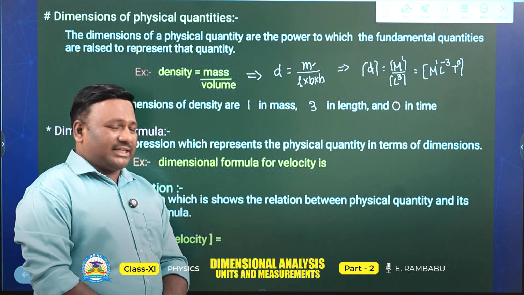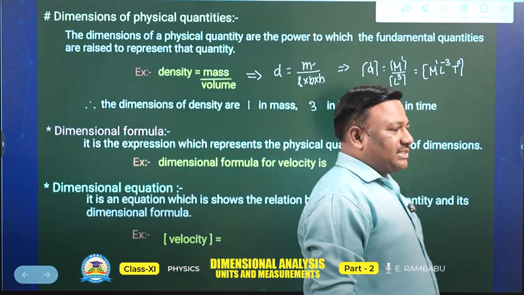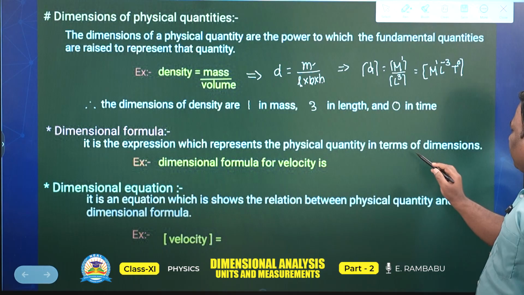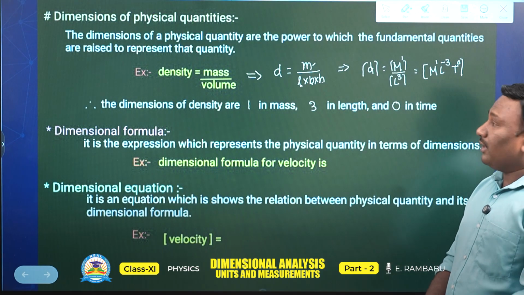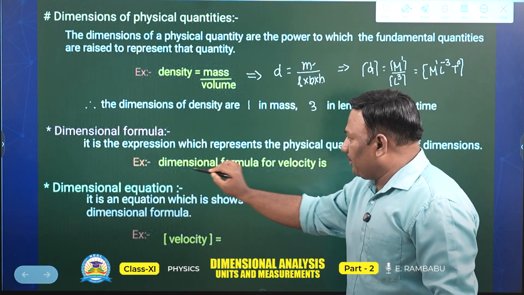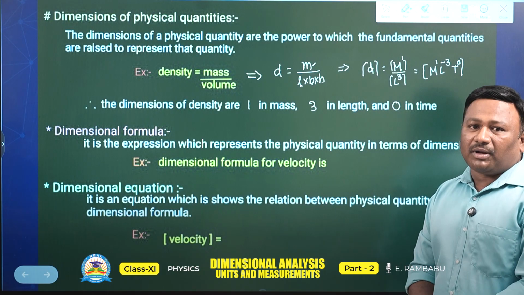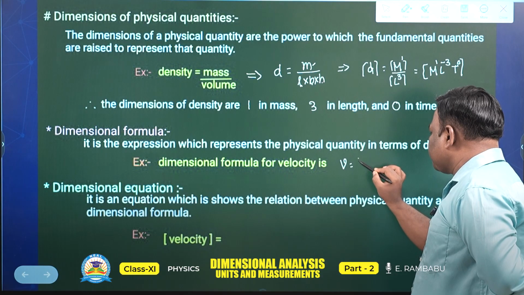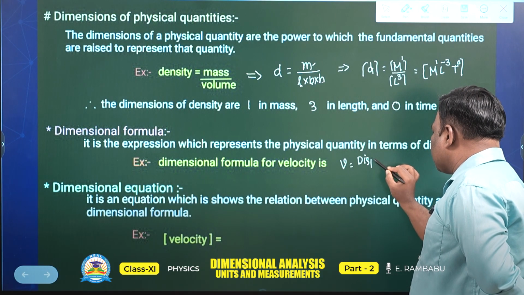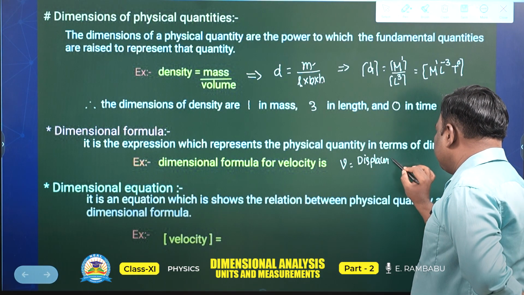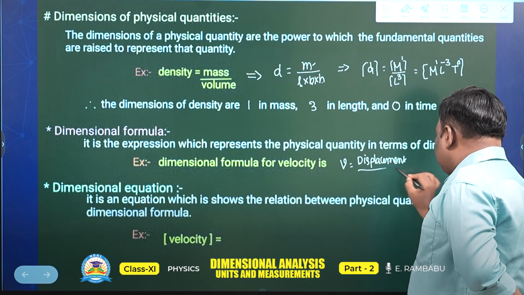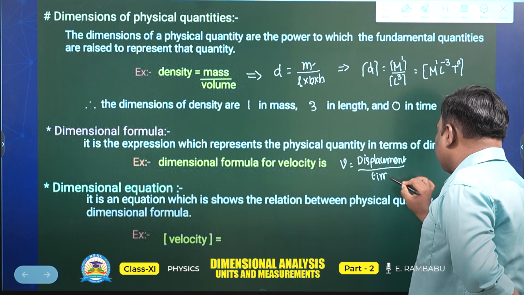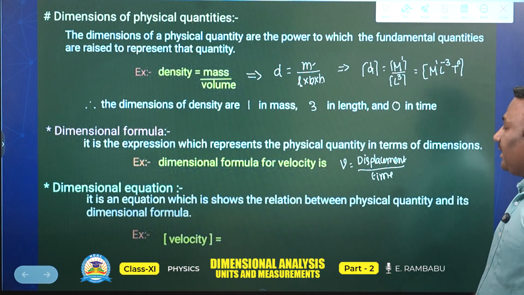It is the expression which represents a physical quantity in terms of the dimensions. Okay, I am going to take the dimensional formula for velocity. Velocity is nothing but displacement by time.